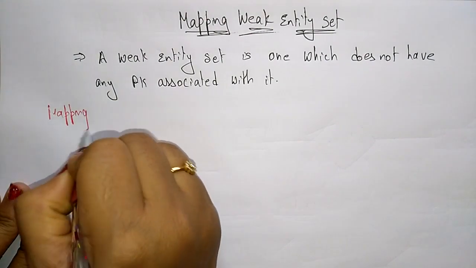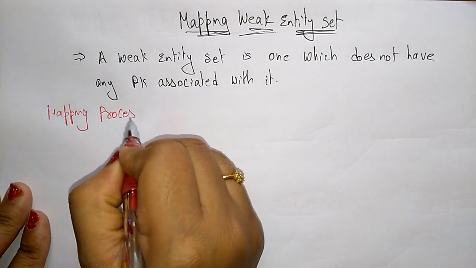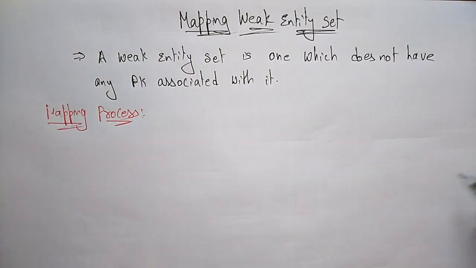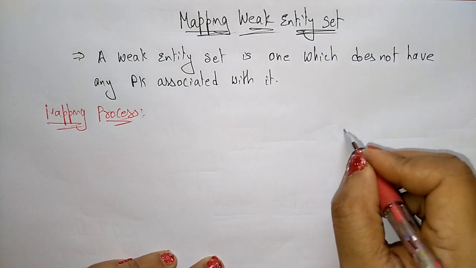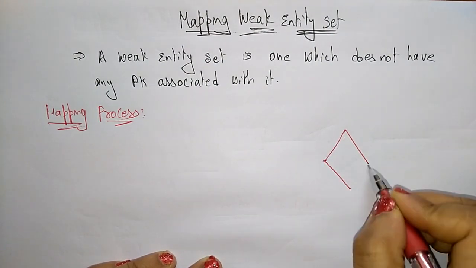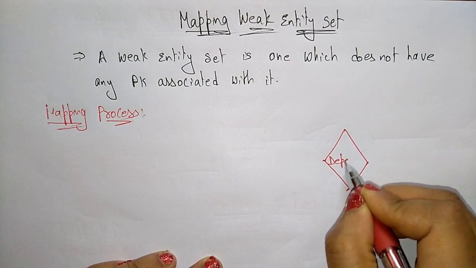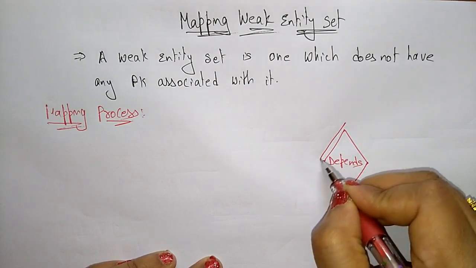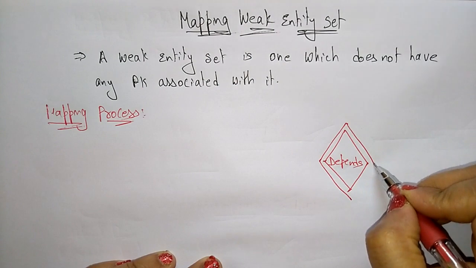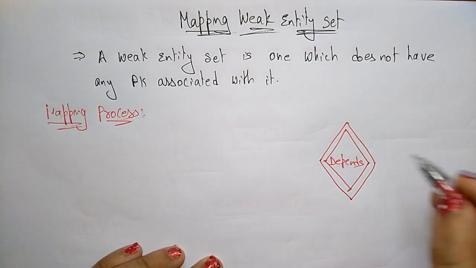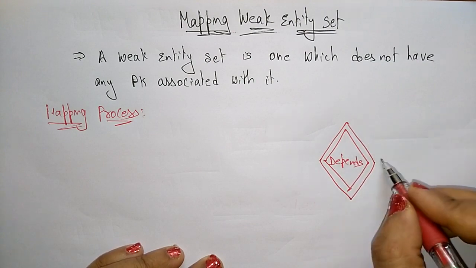Mapping process means the steps you have to follow when you want to create a mapping for a weak entity set. So here I am writing the representation, the component that you have to use for a weak entity set. Suppose this is a dependent relationship with two diamond shapes that represents the weak entity set.